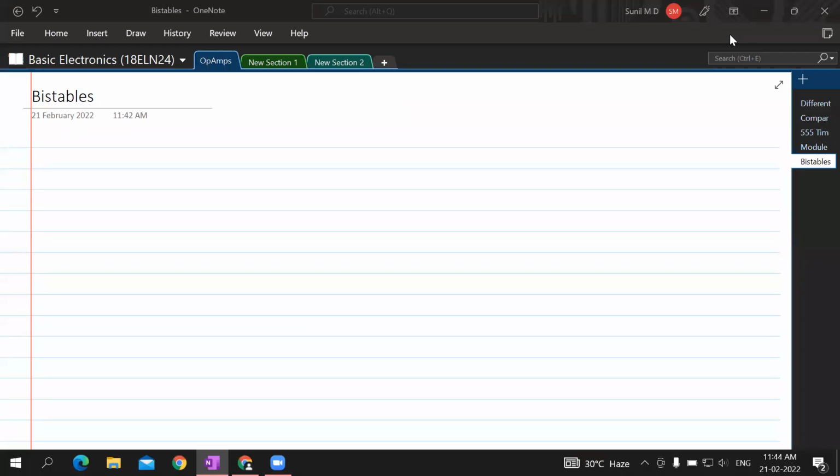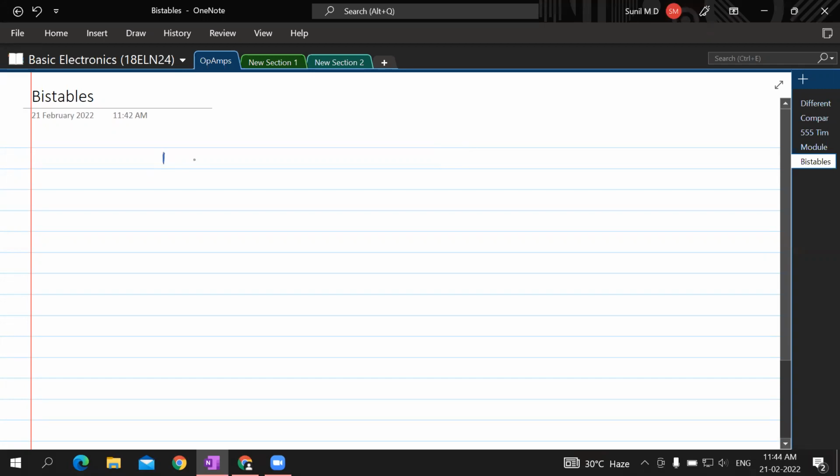The topic that we are taking up today is bistables. Bistables means there are two stable states. The stable states that we are talking about could be one, high, or it can be zero, low.